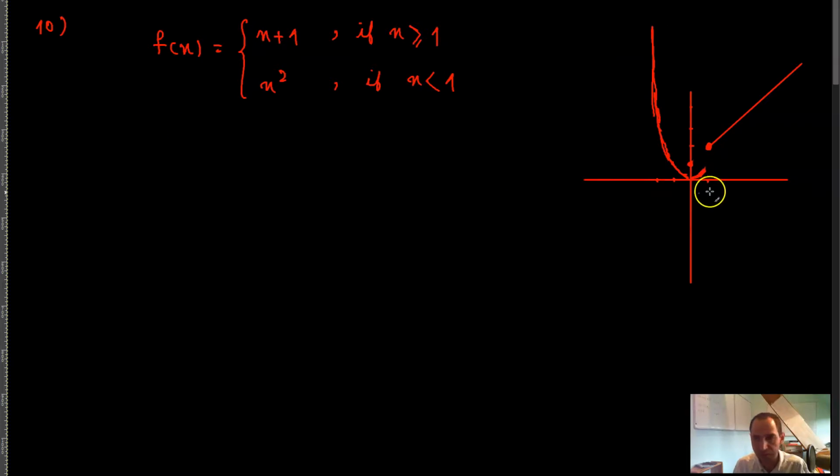At x equal to 1, for all x less than 1, f of x is equal to x squared, which is this part of the function here, and for x greater than or equal to 1, your function is x plus 1, which is this line over here.